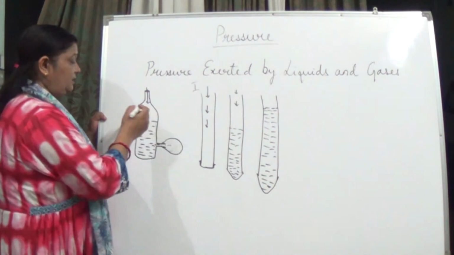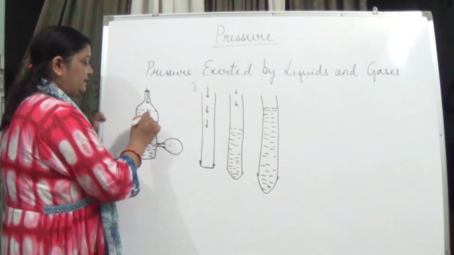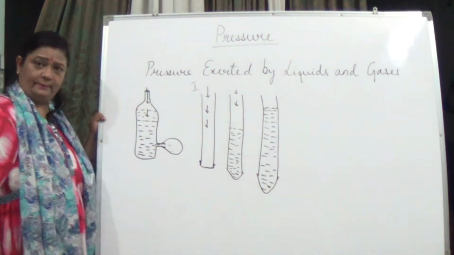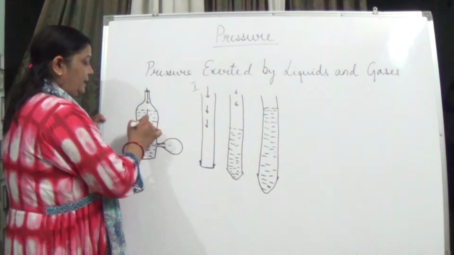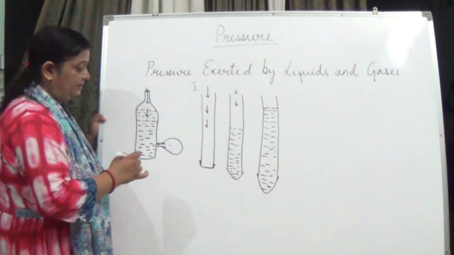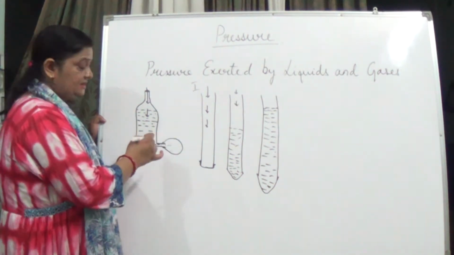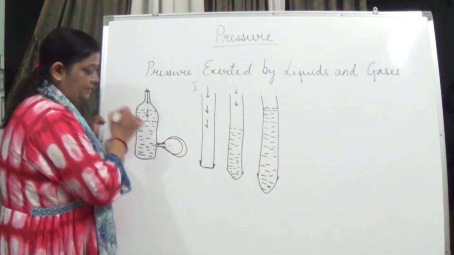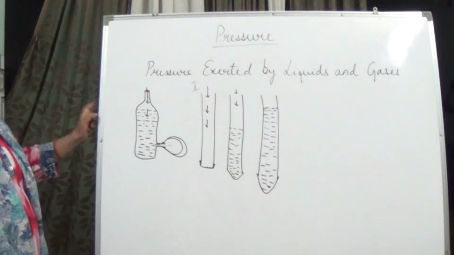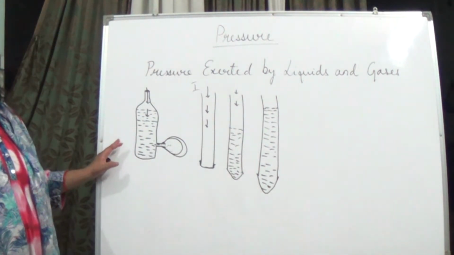Now I am giving a condition. If I take more water and increase its height till this much, what will happen? Here we will see that more pressure will be exerted and more water will go inside this balloon, and the balloon will bulge more. So liquid exerts pressure on the walls of the container.